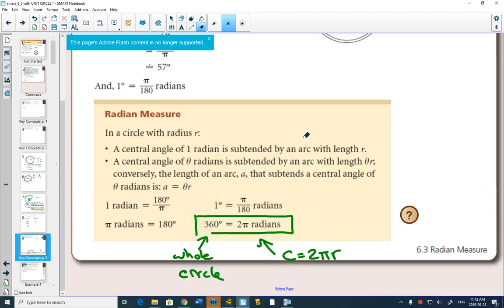So at the top of 489, you have this shaded box. It is the same idea, defining what a radian is. The central angle of 1 radian is subtended by an arc with length r.